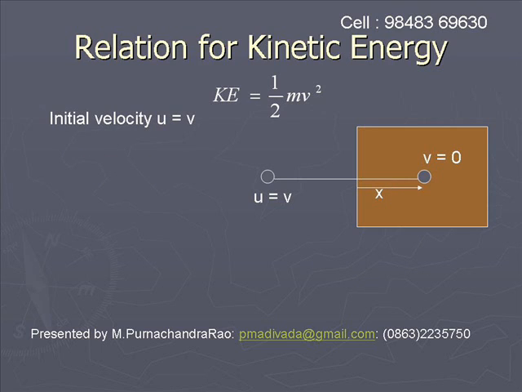Then in our usual notation, initial velocity u is equal to v, final velocity v is equal to 0, displacement s is equal to x.